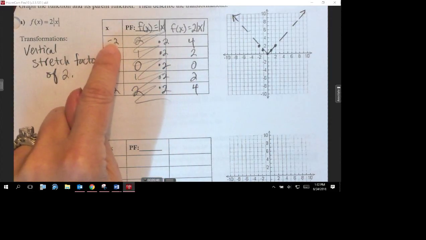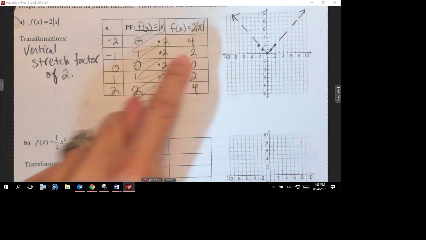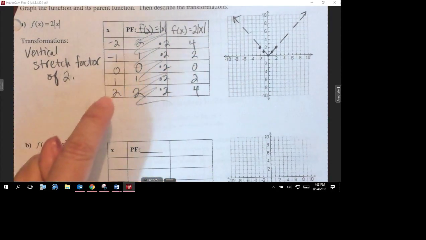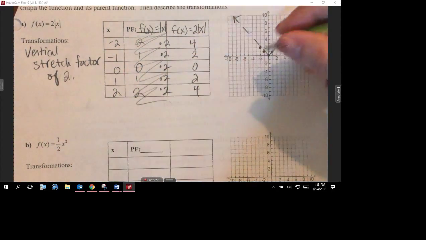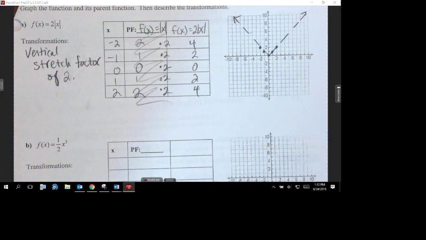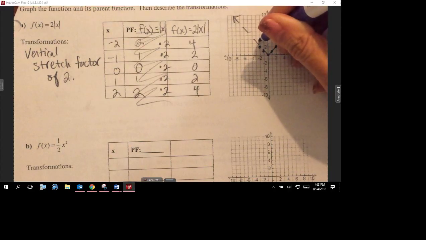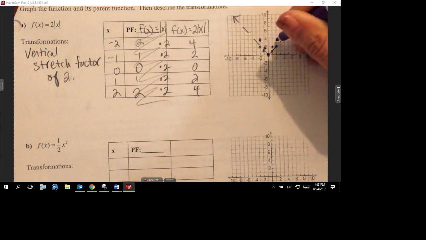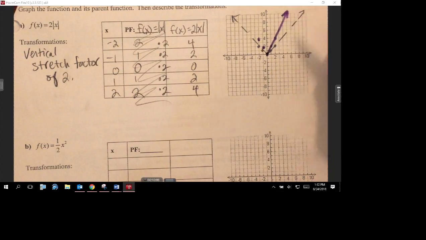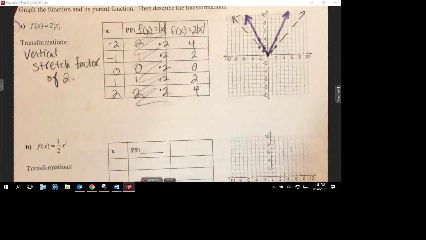It's going to be the ordered pairs -2, 4, -1, 2, 0, 0, 1, 2, 2, 4. That's our new absolute value graph we're going to graph. And that's how you're going to go through those. So you do everything with the parent function, then you're going to go back and do it with the new function.